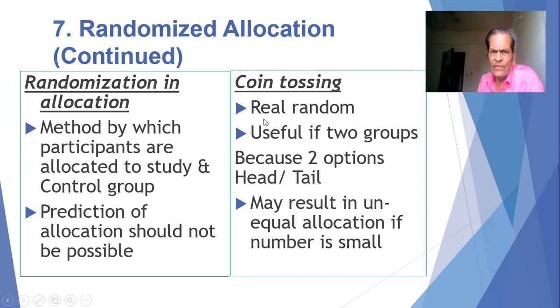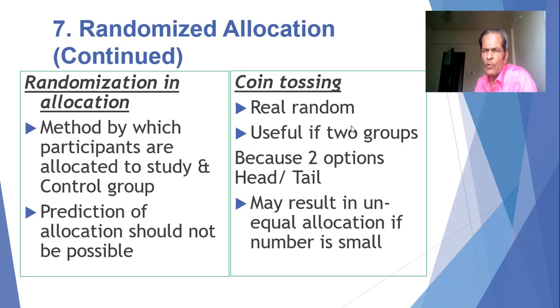Coin tossing is a really random method of allocation, but it is useful only in two groups because there are only two options when you toss a coin. Either it will be head or it is a tail. But the drawback is that it may result in unequal allocation if the number is small.